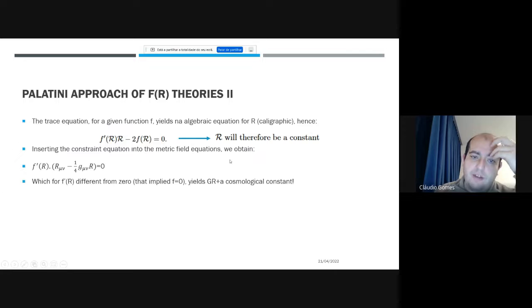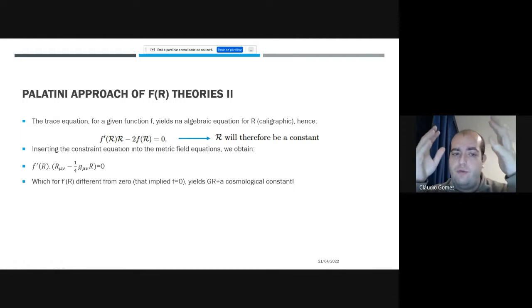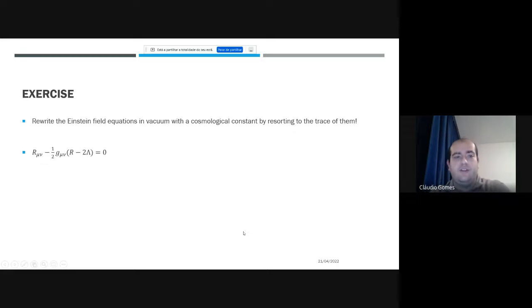If we insert back into the metric field equations, we will obtain f prime of R times this quantity over here, which, for this first term to be non-vanishing, implies that this term here has to vanish, right? Let's do an example, because I don't know if you remember general relativity with the cosmological constant. Let's do this exercise, right?